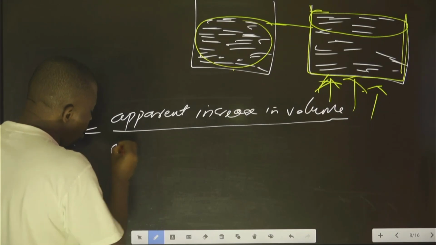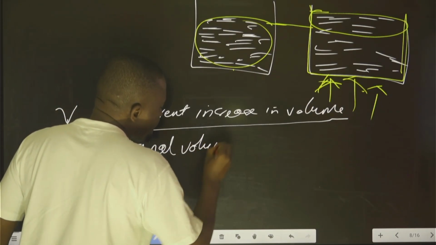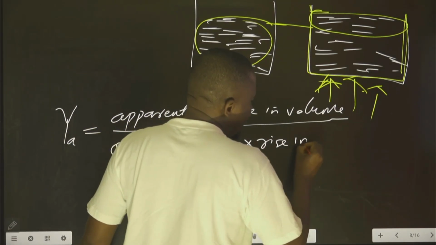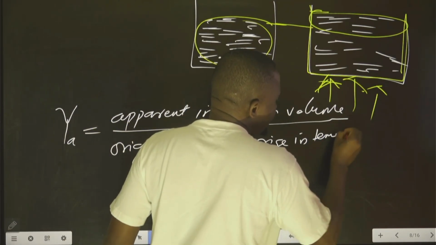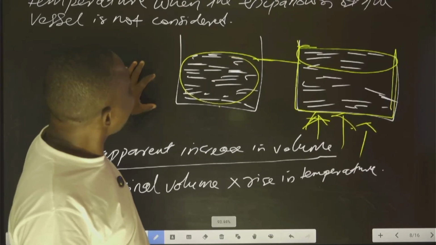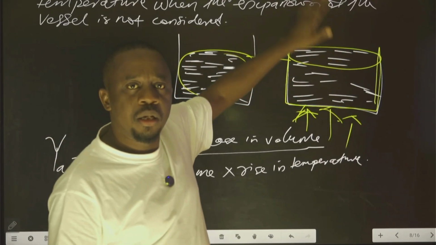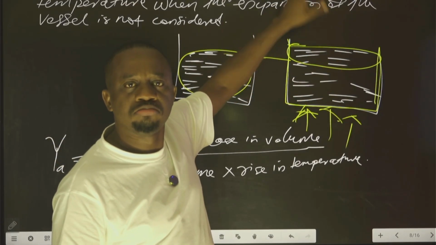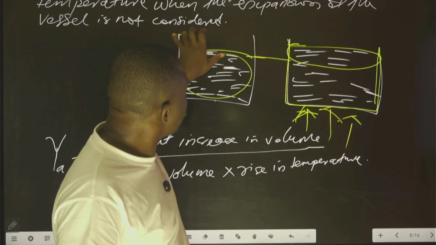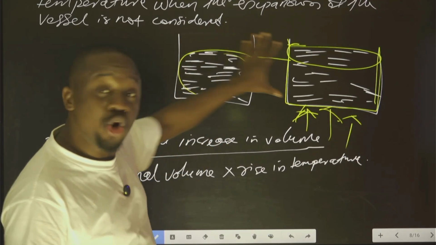All over the original volume multiplied by rise in temperature. If this is exposed like this, there is no way liquid will not what? Go out of this container unless you close it. Okay? So this one is when it is closed.